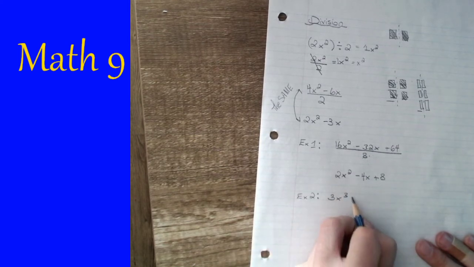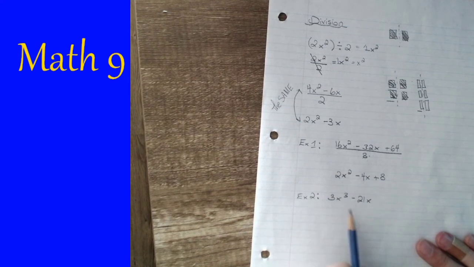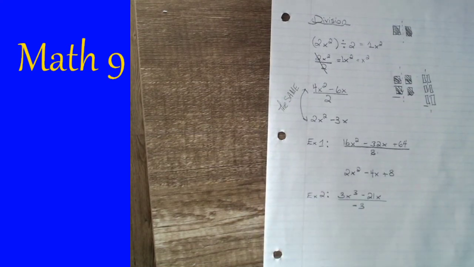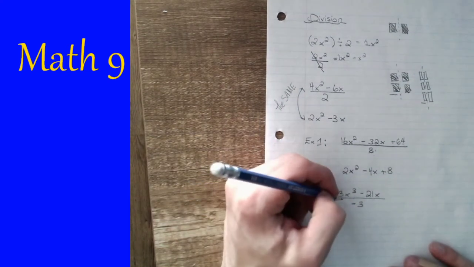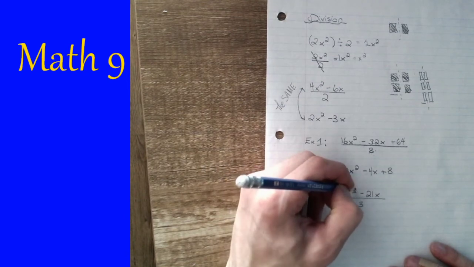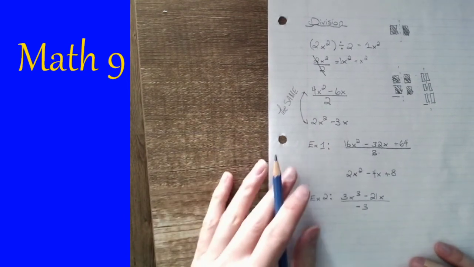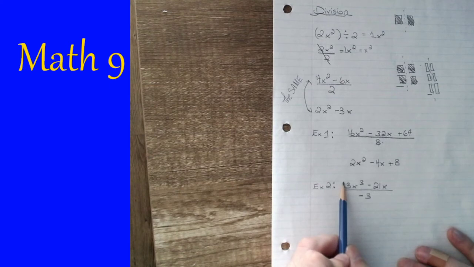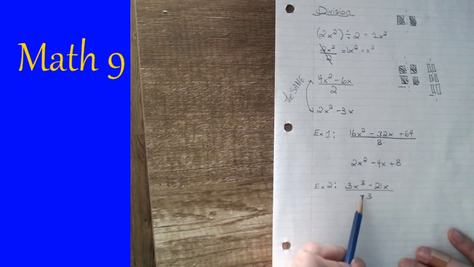Three x cubed minus 21x. Sorry, we'll do 2 more. Divide by negative 3. Okay, so 3x cubed divided by negative 3. Well, this is a positive divided by a negative, and I would say that 3 divided by 3 is 1.